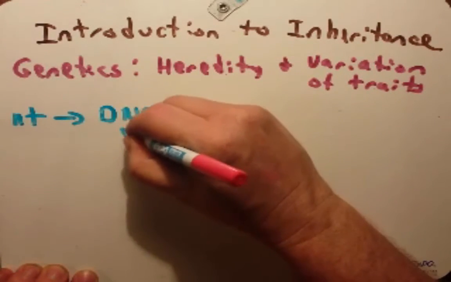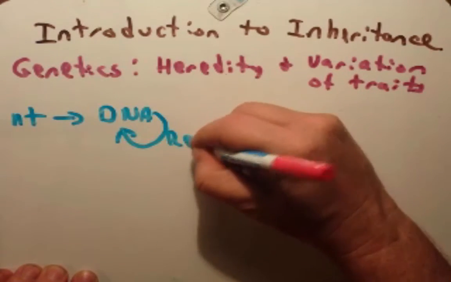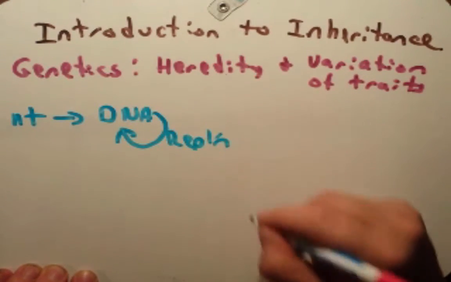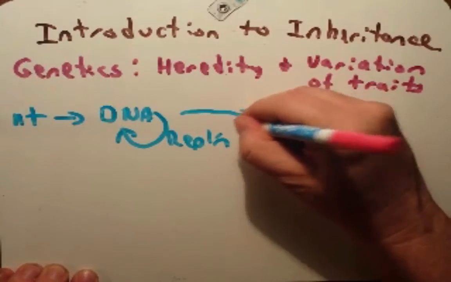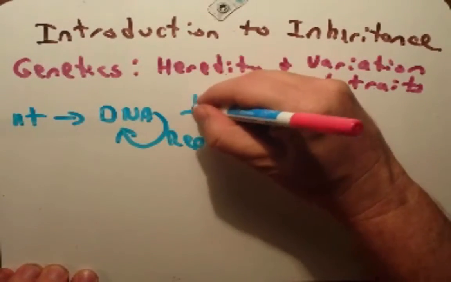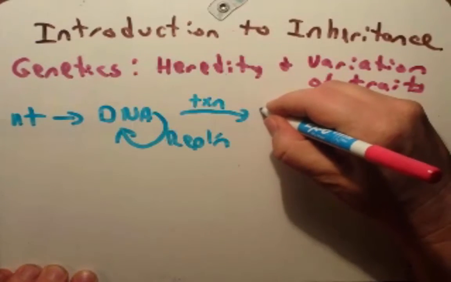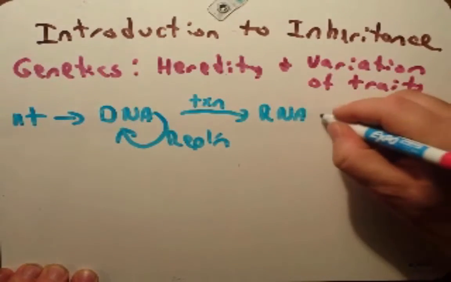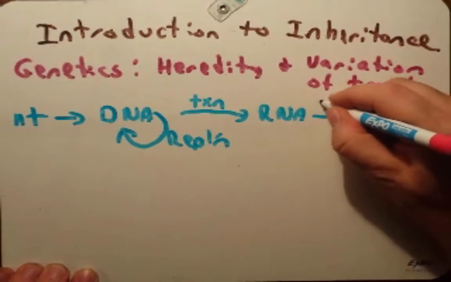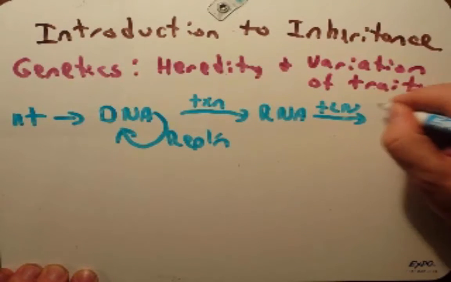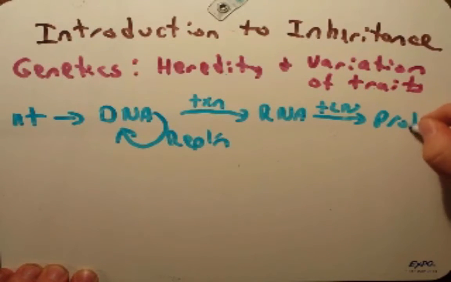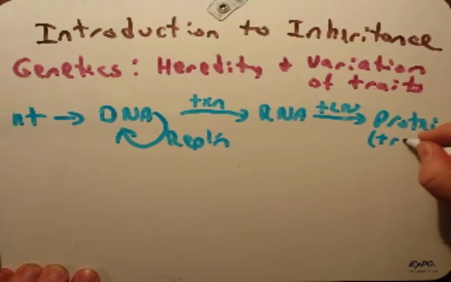We also talked about how it was replicated through replication. And then we also talked about how through the process of transcription we would make RNA. And then how this RNA through the process of translation, we would make a protein. And how this protein really was what we call the trait.